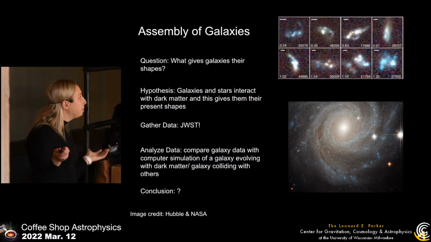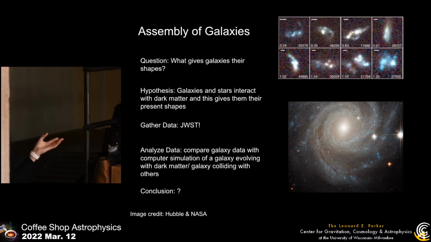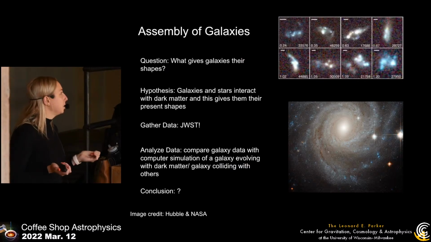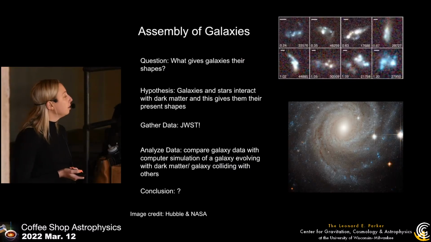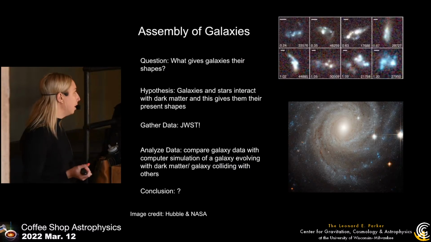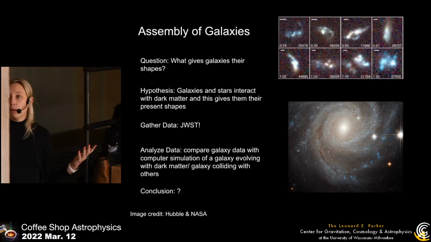So an example of an experiment is if we look at the goal of studying the assembly of galaxies, one open question in astronomy is what gives galaxies their shapes that we see today. So on the upper right, I have a picture of very distant, so very young galaxies that look a lot clumpier.